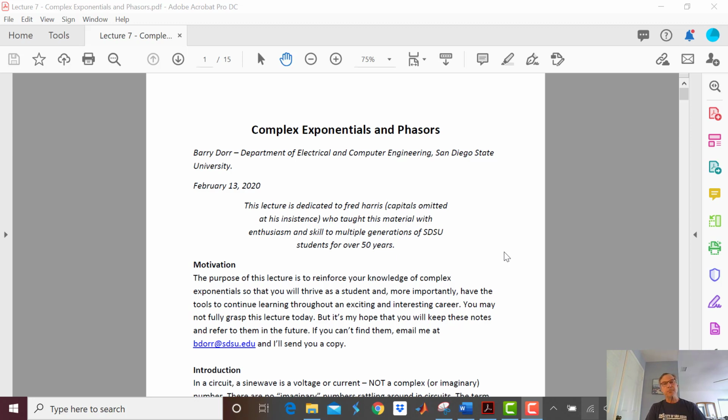He likes to have his name spelled with no capital letters. Fred taught this material with just tremendous enthusiasm and skill to multiple generations of SDSU students for over 50 years. I was one of those students in the 1980s, and Fred has remained a very good friend to this day. If you look Fred up on the internet, you'll see that there's a DSP window that's named after him.